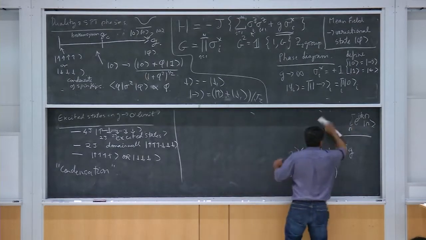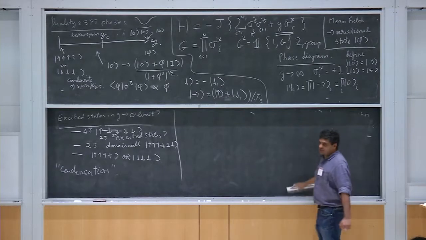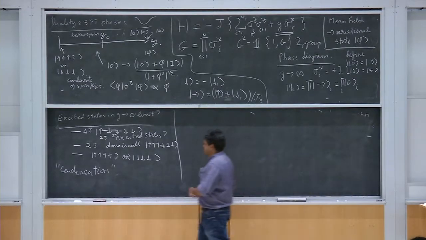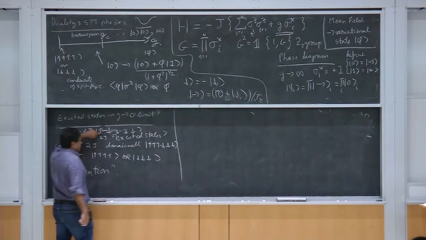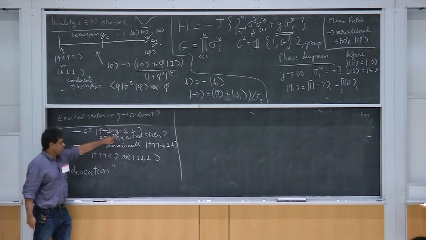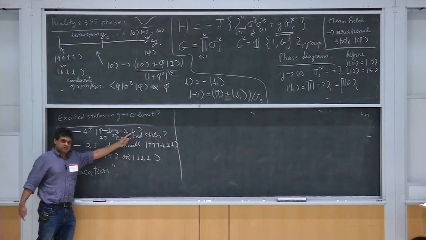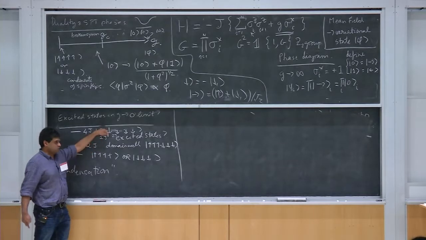But there's another way to specify the spin configuration. I tell you what the first spin is doing. I tell you that the first spin is up, and then I tell you the locations of the domain walls. I tell you there's a domain wall over here and no other domain walls. You can deduce the state of all of the spins just from that information. You know that there's a domain wall over here, so the spin has to go down.